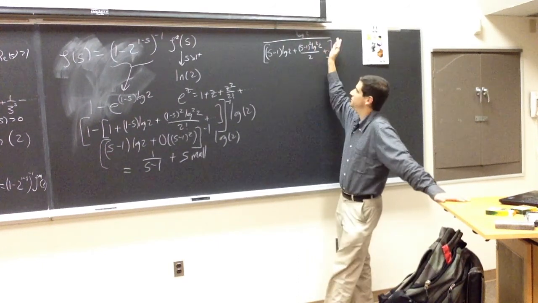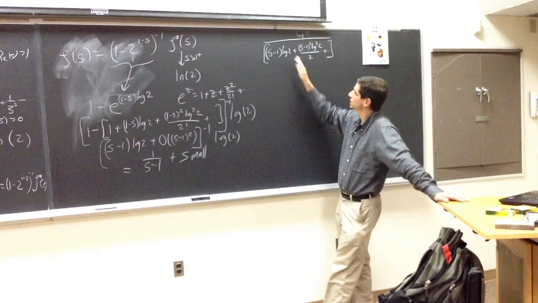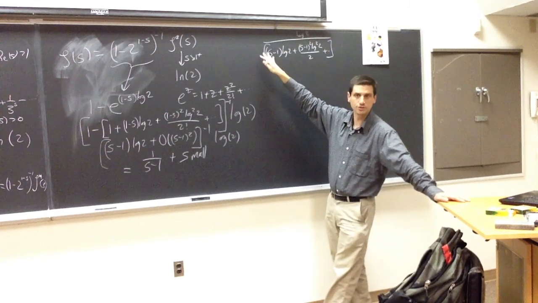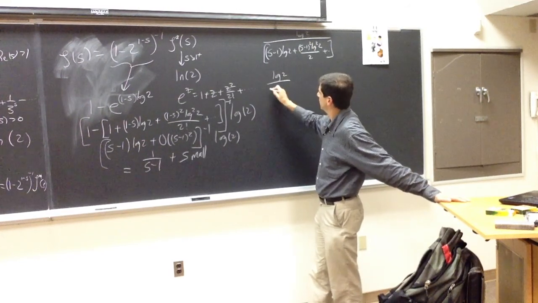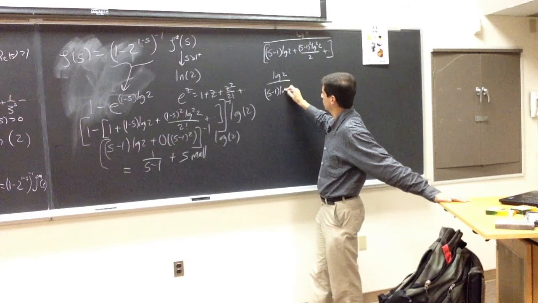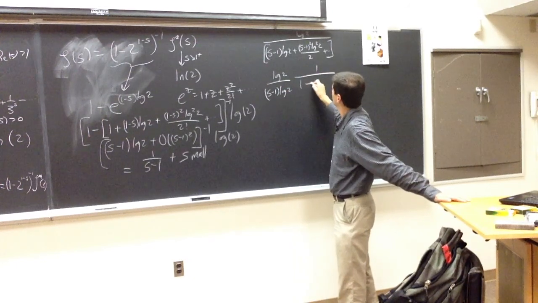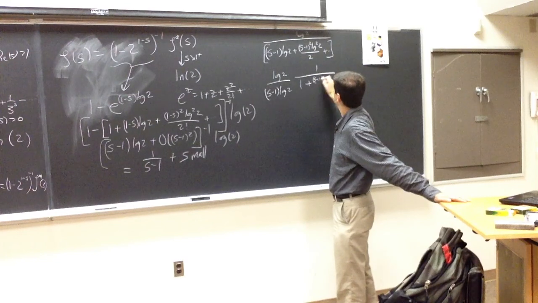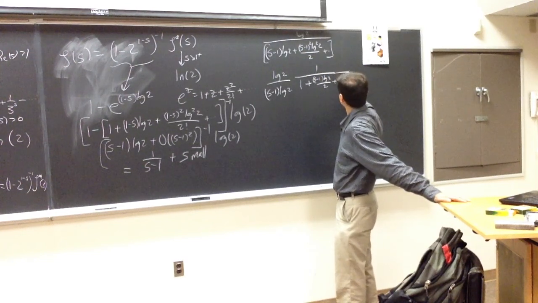I'm not going to worry about the other stuff. I'm going to show you how you would do calculations like this. Let's pull out an s minus 1 log 2 from everything. We'll have a log 2 divided by s minus 1 log 2, and now we're left with 1 over 1 plus s minus 1 log 2 over 2 plus dot dot dot.